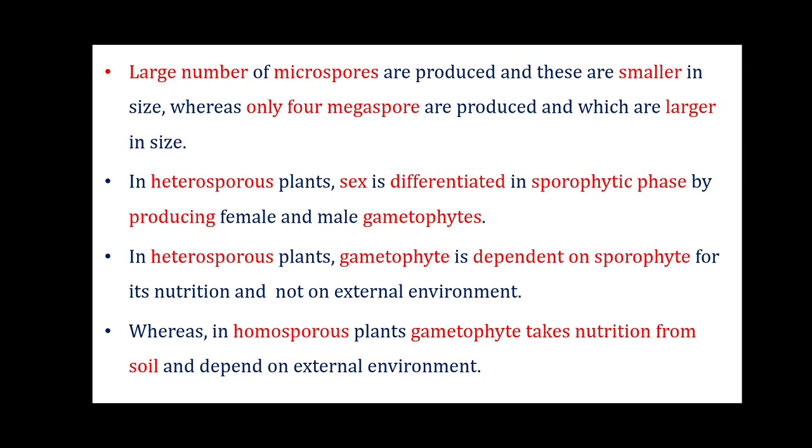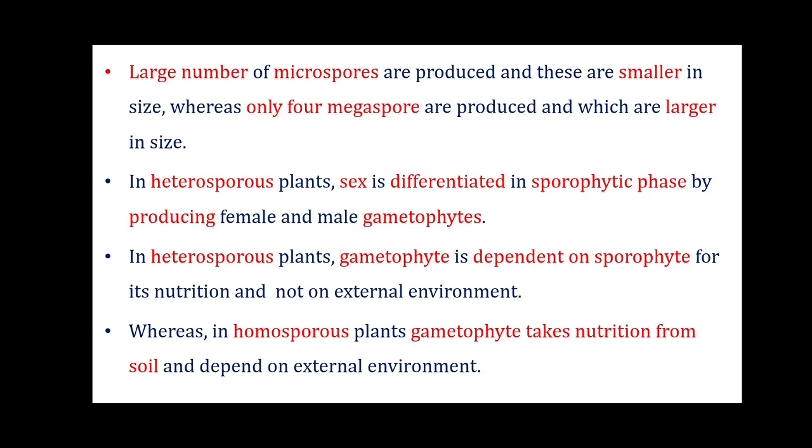A large number of microspores are produced and these are smaller in size as compared to the megaspore. Actually the name itself indicates: micro means small and mega means large. So microspores are many in number but smaller in size, while megaspores are few, or you can say a single megaspore, but larger in size.